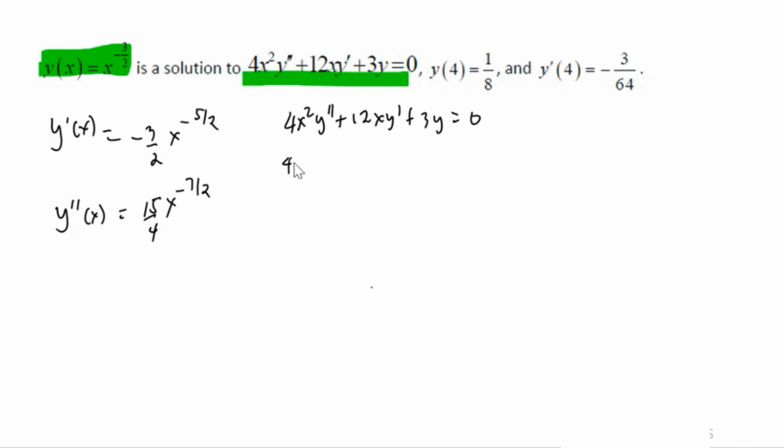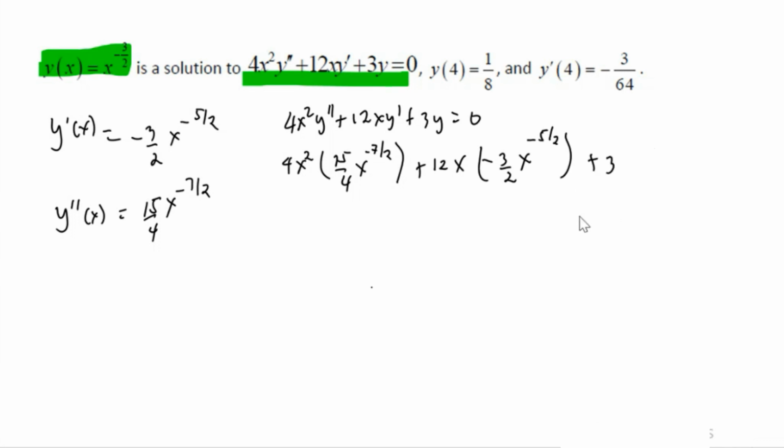Now, with a substitute, 4x squared times the second derivative now is equal to 15 over 4 of x to the power of negative 7 over 2, plus 12 times x times the value of y prime, or the value of the first derivative, y prime is equal to negative 3 halves of x to the power of negative 5 over 2, plus 3 times the value of y.